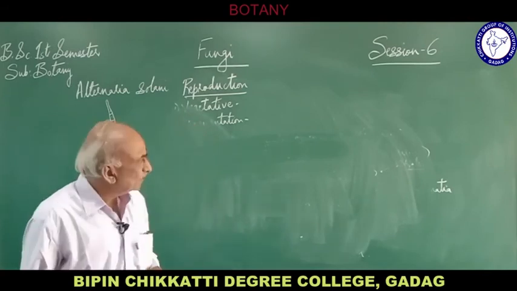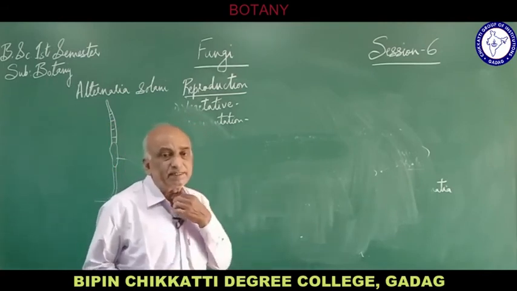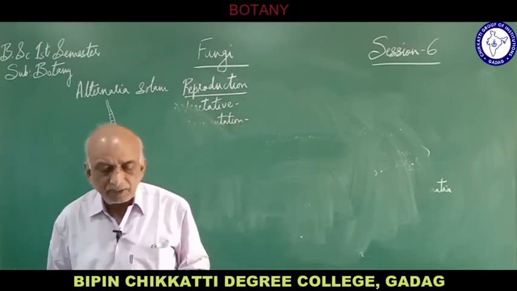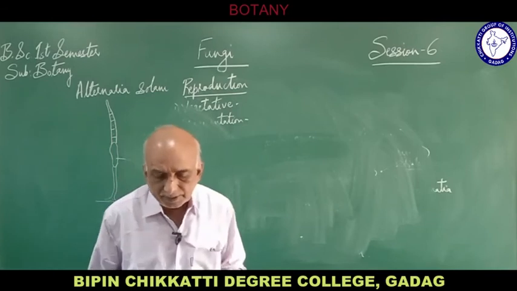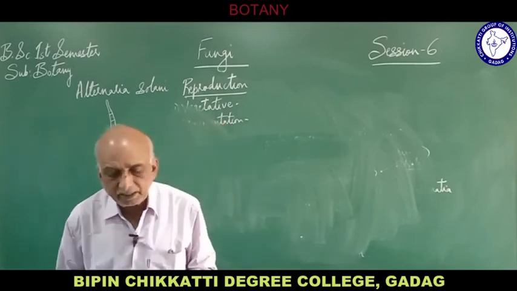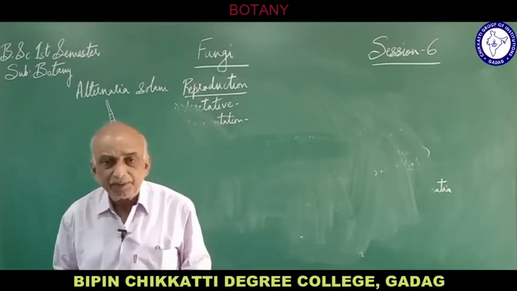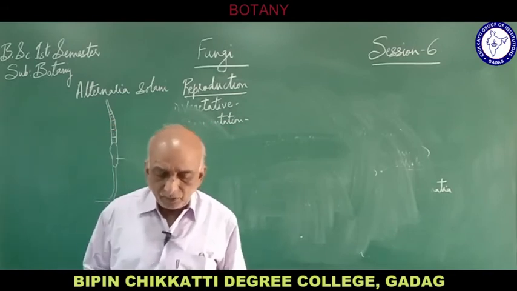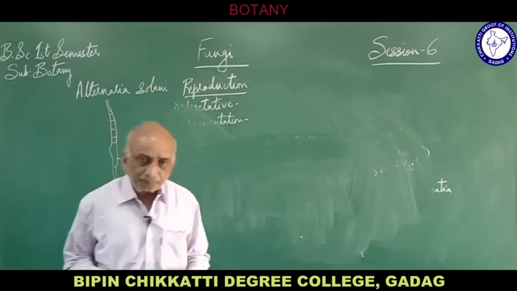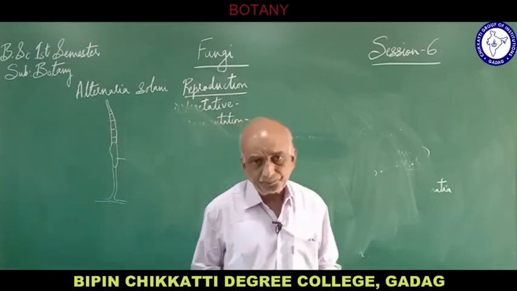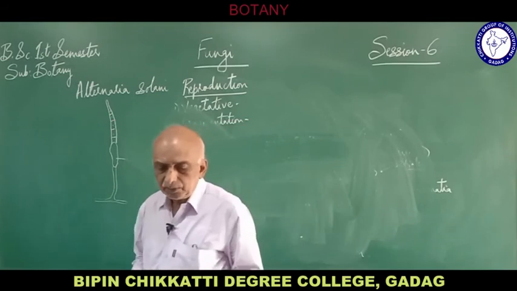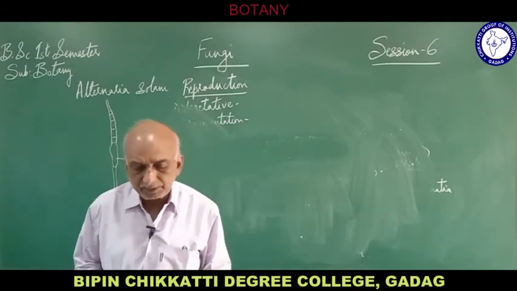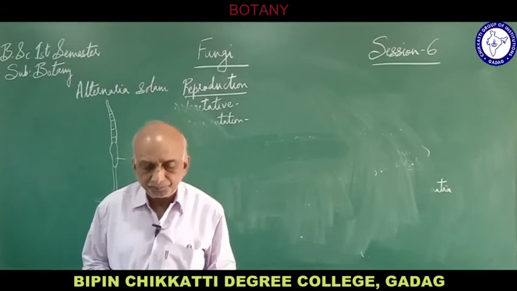Then certain lichens are used in medicine. For example, there is a lichen called the dog lichen, Peltigera, used for treatment of hydrophobia. And there is another lichen called Lobaria, which is used for treatment of lung diseases. That is how certain lichens are used in the treatment of diseases and as medicine.